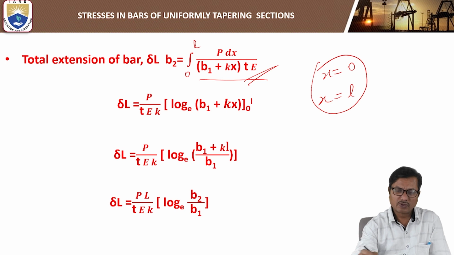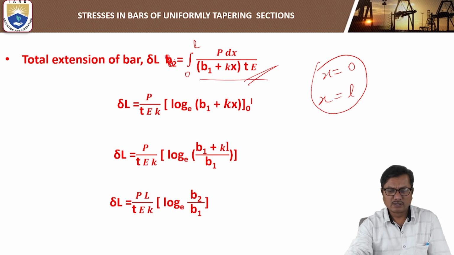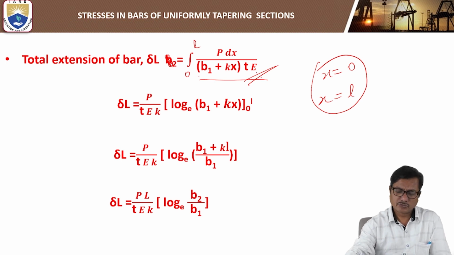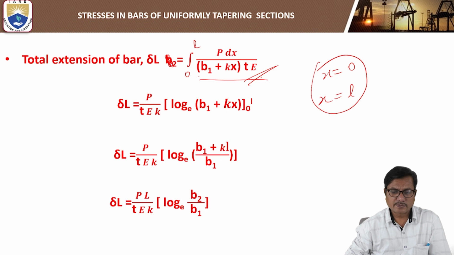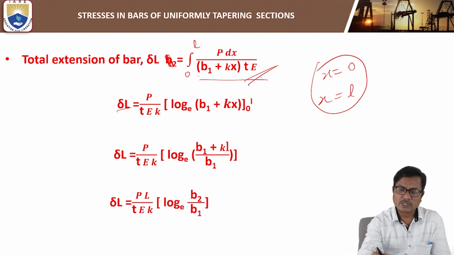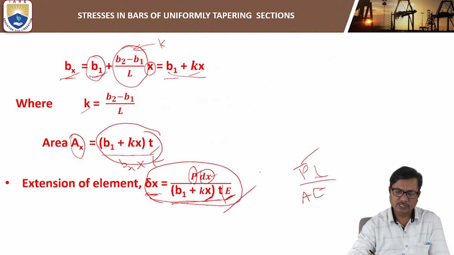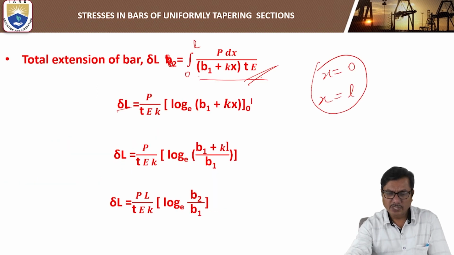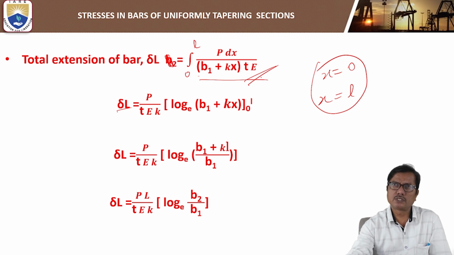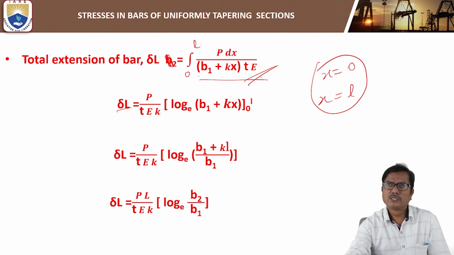So the total extension delta L is the integral of P dx by (b1 plus kx) into t, which gives the area, into E, Young's modulus, where k is some constant equal to (b2 minus b1) by L.